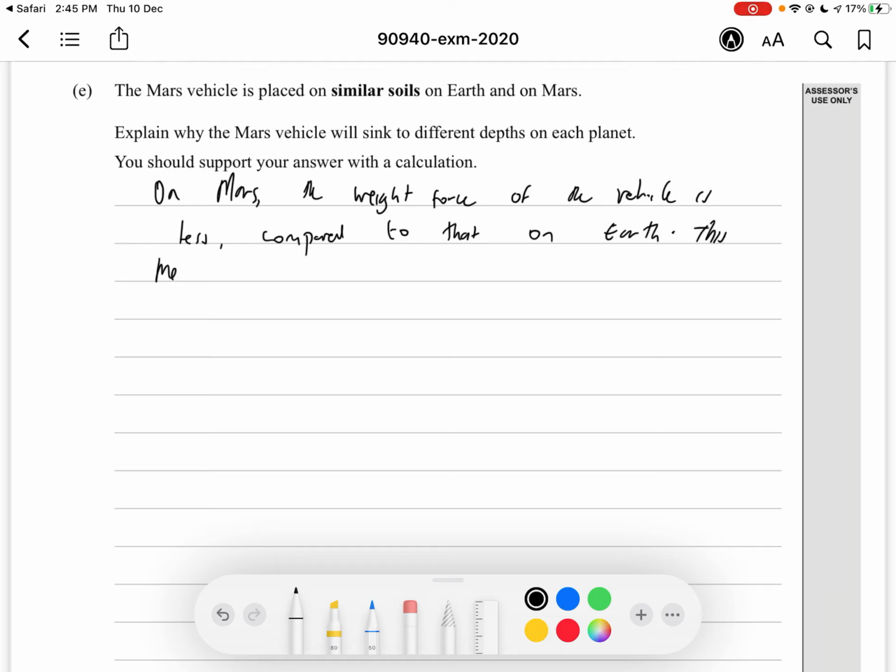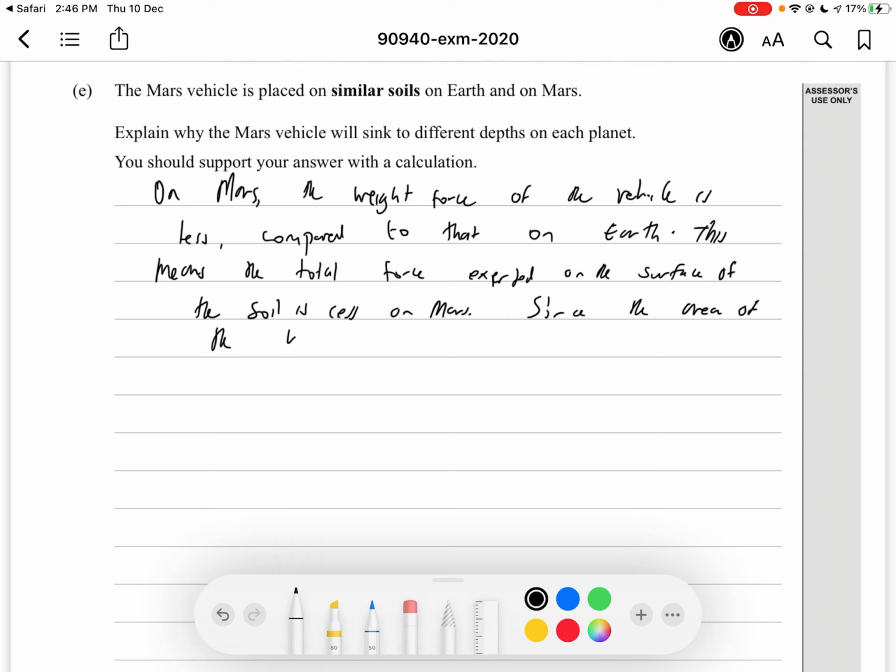This means the total force exerted on the surface of the soil is less on Mars. Since the area of the wheel stays the same, P equals F over A, so the total pressure exerted on Mars is less than on Earth.